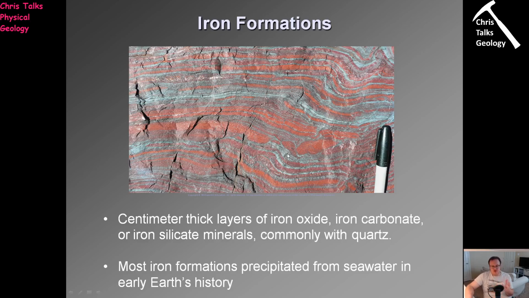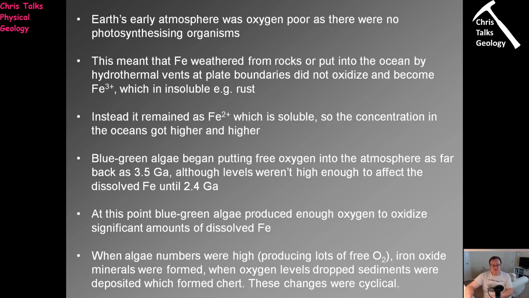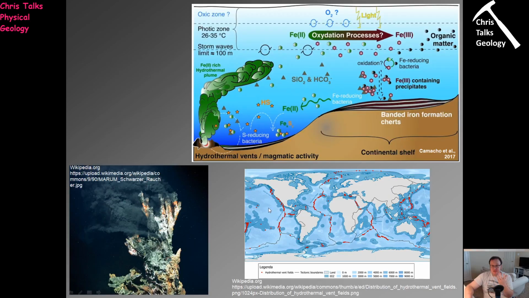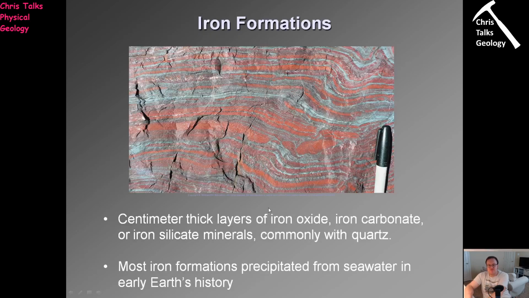The oxygen and the iron came together, they formed an iron oxide mineral, and that iron oxide mineral would rain out onto the seafloor, where it would form a layer. And so that's where these banded iron formations are coming from. They're just due to algae producing very, very large quantities of oxygen. Now, obviously, one of the questions is, why do we have these rhythmic layers?